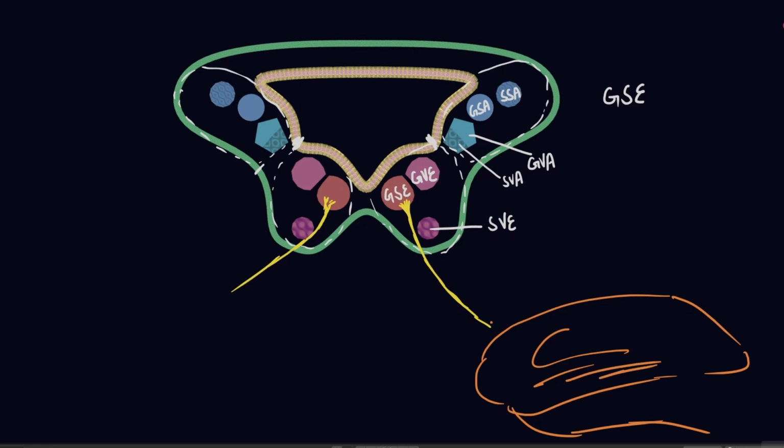Because it is supplying voluntary muscles, those derived from somites, the somite derived muscles of your tongue, it is general somatic efferent.